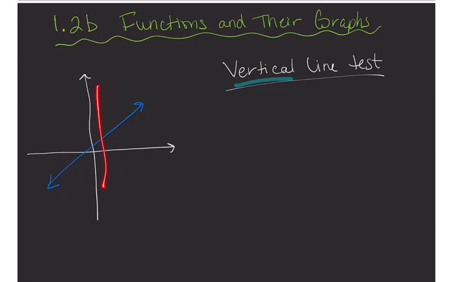No matter where I draw a vertical line, and granted this line goes forever, so I can draw it out here, anytime I draw that vertical line, I'm only going to hit my graph once. If I hit my graph once, that means there was only one y value for every one of those x's. So I can use the vertical line test and ask myself the question, is this a function?